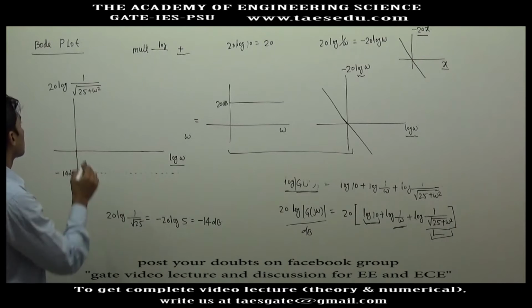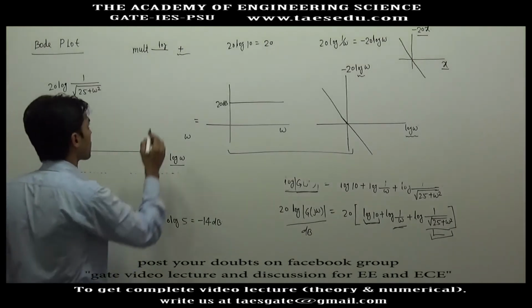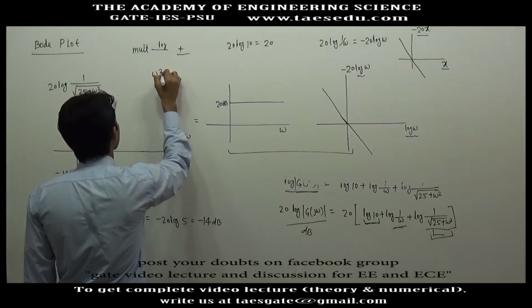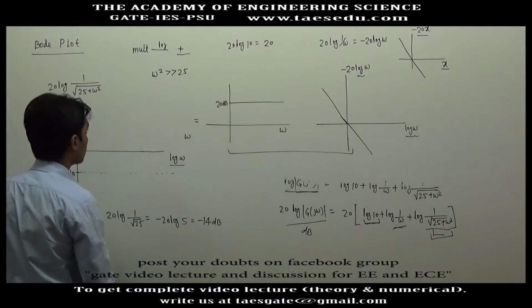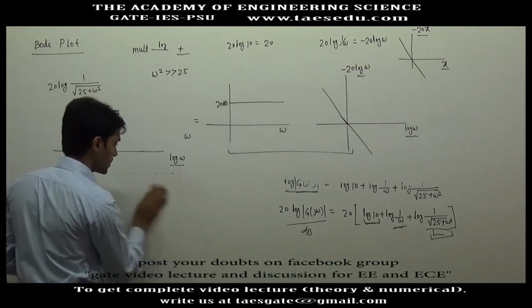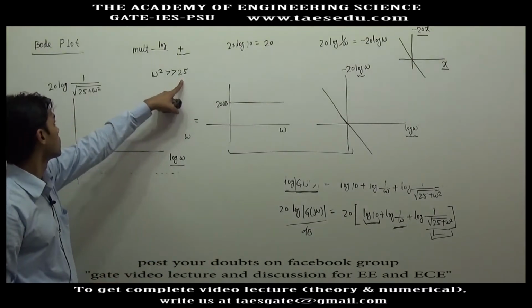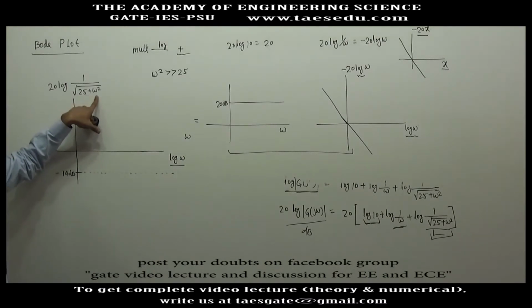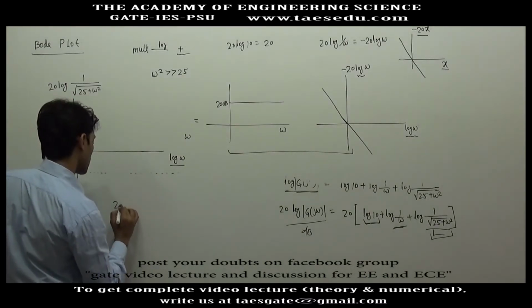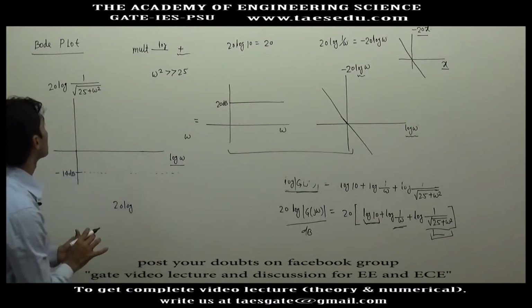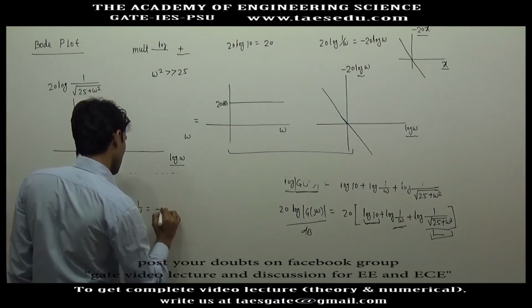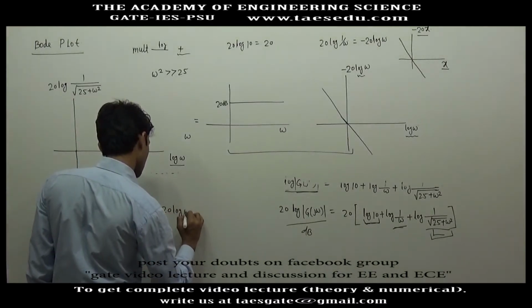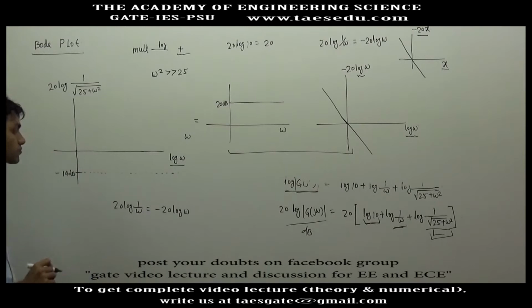What will be the graph when ω is very high? Let's say ω square is much greater than 25. So how the graph will look like? If ω square is much greater than 25, we will neglect 25 in front of ω square. So we will get 20 log 1 upon root under ω square. That will be 1 upon ω, and this is nothing but minus 20 log ω. Now how this graph will look like?